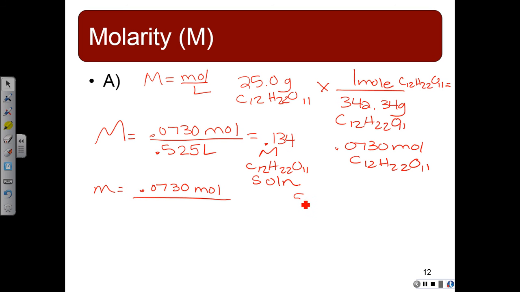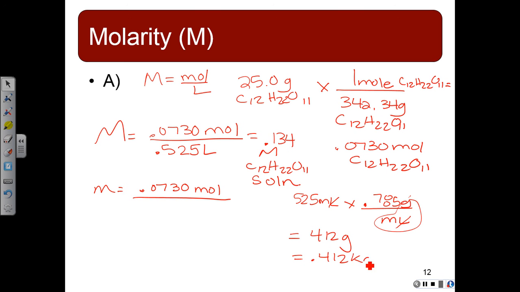If we take our 525 milliliters and multiply it times the density, grams per milliliter, the milliliters cancel, and we're left with 412 grams, which is equal to 0.412 kilograms.